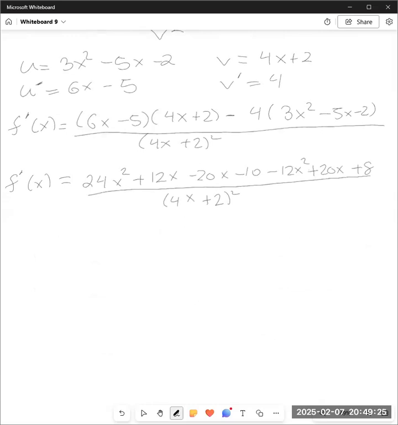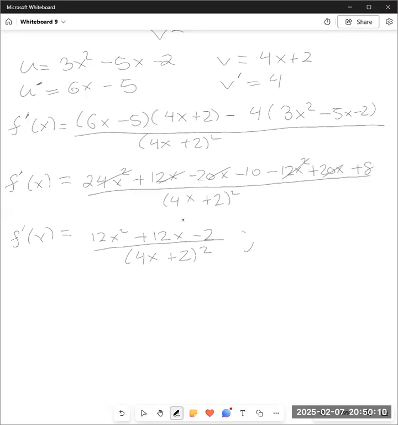Give it a second to reset. There we go. F prime of x is equal to 24x squared minus 12x squared is 12x squared. 12x minus 20x, that's a negative 8x, plus 20x, that's a 12x. And then negative 10 plus 8 is a negative 2 over 4x plus 2 quantity squared.